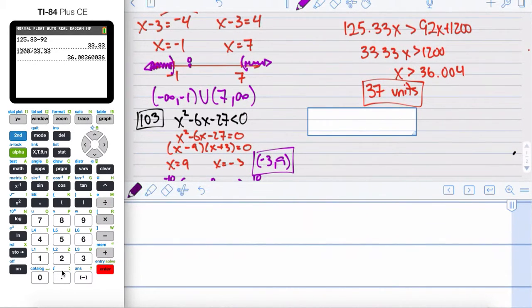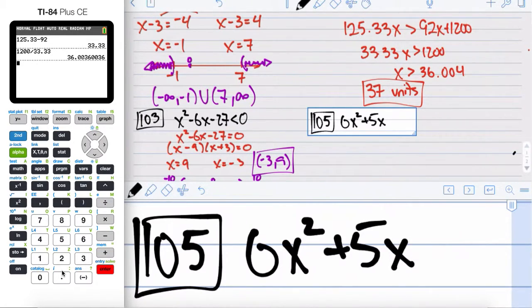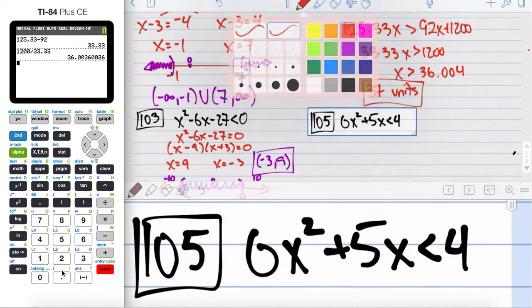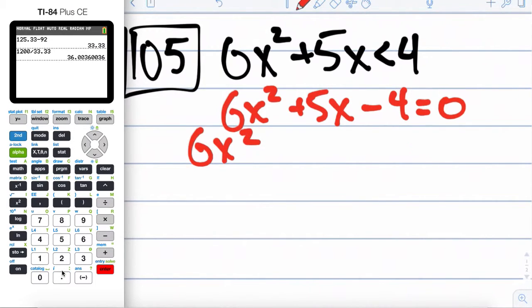Okay. For 105, we do it similarly. We do 6x squared plus 5x is less than 4. Again, we treat it like it's an equals. So I'll bring everything to the same side. Minus 4 equals 0. See if it's factorable. 6 times 4 is 24. Are there factors of 24 that give me negative 24? They are. So it's 6x squared, plus 8x minus 3x minus 4 equals 0.